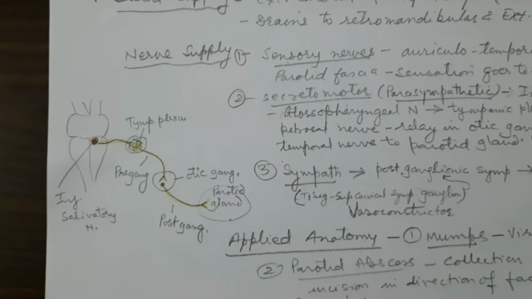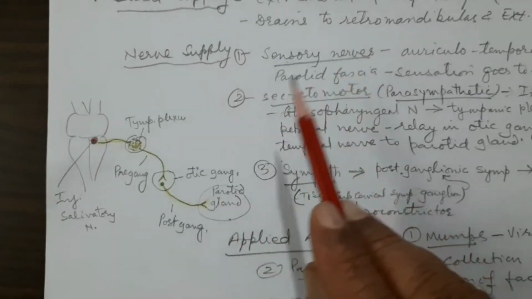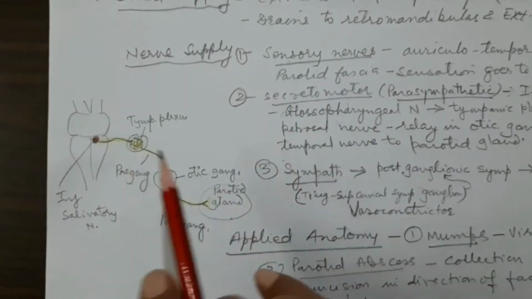This sensation will also go through the great auricular nerve, which has the root value C2. They carry general sensation, pain, touch and temperature fibers, through the auriculotemporal and great auricular nerves.